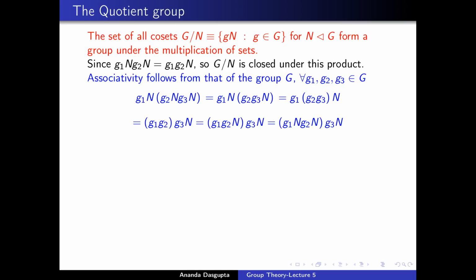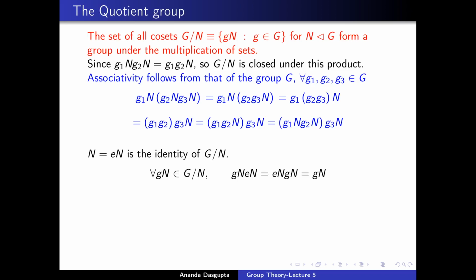We next have to show that the set G/N has an identity under this particular rule for multiplication. The identity is very easy to identify: it is the coset eN, which of course is the same as the subgroup N itself. Now how do we prove that this is the identity?